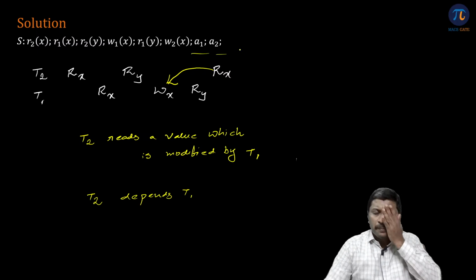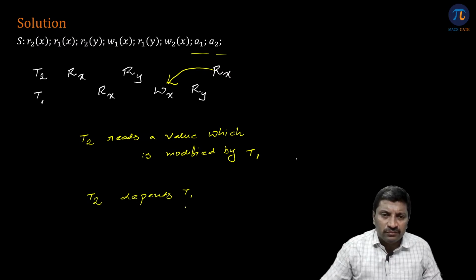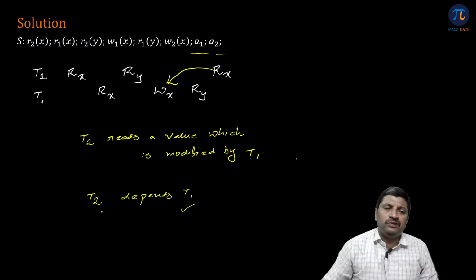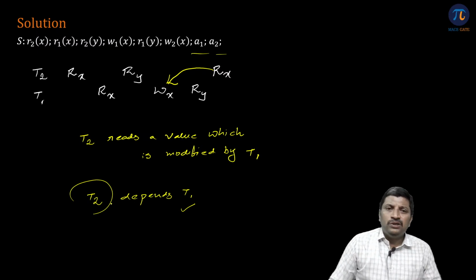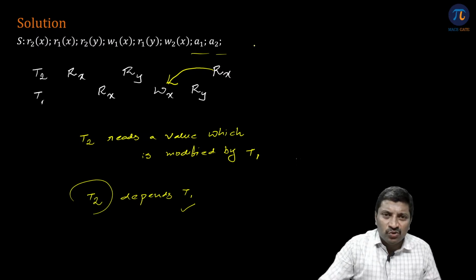Okay. So what will happen, sir? Whenever T1 restarts, T2 also should restart. Am I clear, sir? But there is no problem that there is no information about commits.